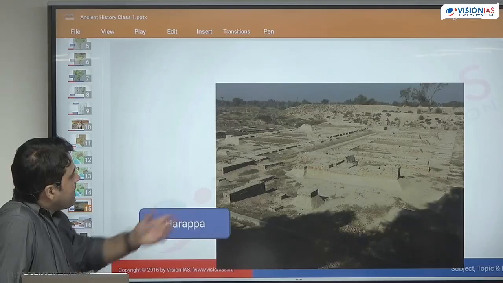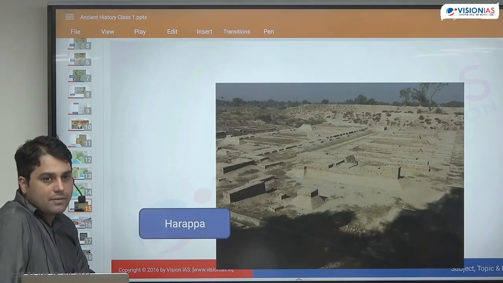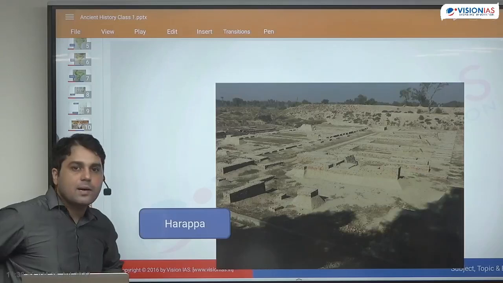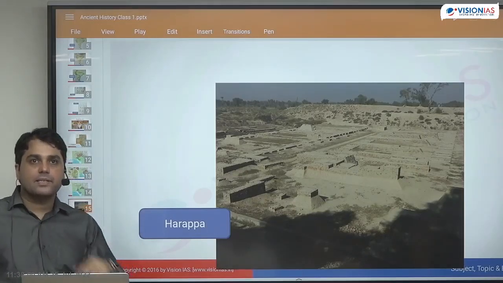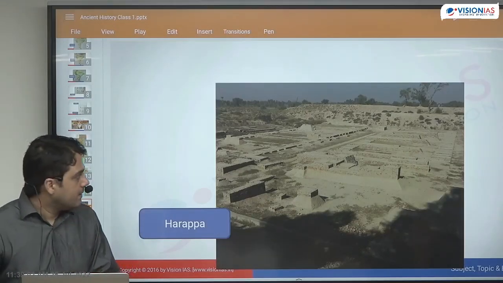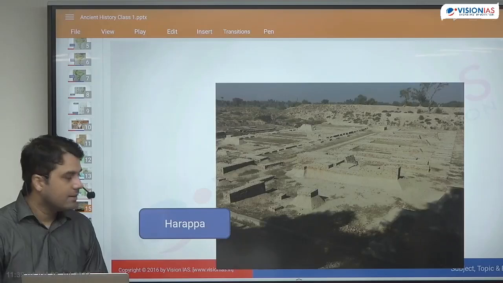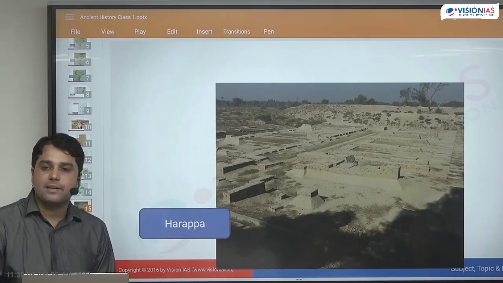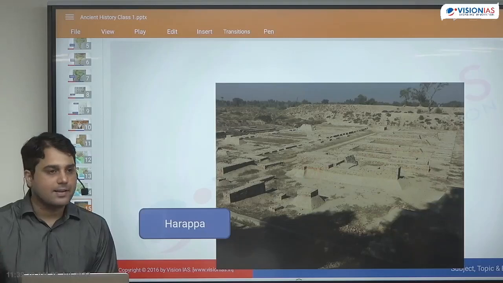Now this is the finding of Harappa, the first city which was discovered. Very interestingly, Harappa से बहुत ज़्यादा आपको information मिलता नहीं है, and the reason is very simple. Harappa was discovered in the mid 19th century, and this was also the time that railway started in India.